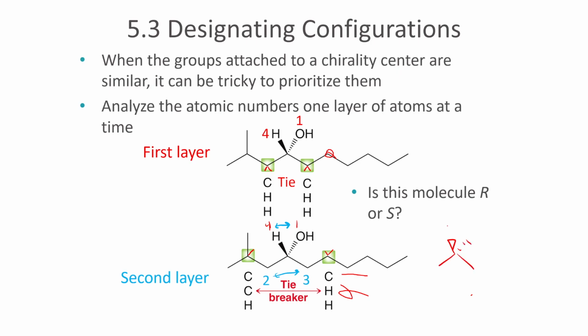The 1 now will go on the dash, the 4 will go on the wedge, then the 2 and the 3 switch positions. So the 3 will be on the left, the 2 will be on the right. And then our arrangement is 1 on the top here, 2 over here, 3 over here. And so this is a clockwise right-hand turn. This is R. 1, 2, 3. Right-hand turn. Turn the steering wheel right. So that is an R designation.